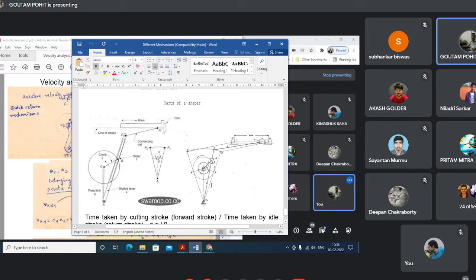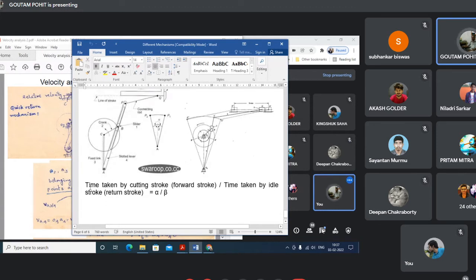So the movement from A to B will take this angle divided by omega, and coming back it will take this angle divided by the same omega. So the time taken by the cutting stroke divided by the time taken by the idle stroke will be alpha by beta.